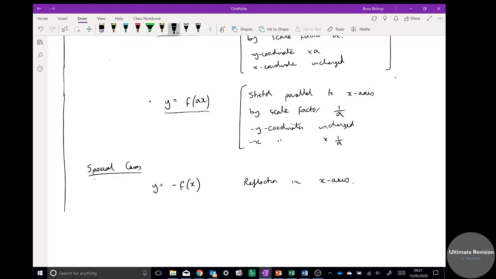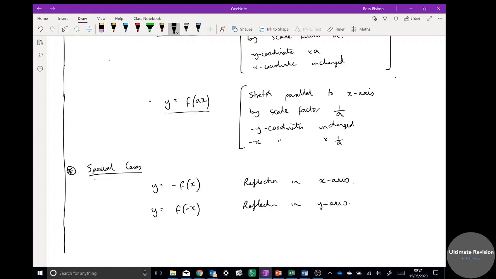All your coordinates have flipped sign, effectively the y coordinates. And likewise, f(-x), the scale factor is -1, so it doesn't change the shape or the frequency, but this will be a reflection in the y-axis. So there are some special cases you need to watch out for.